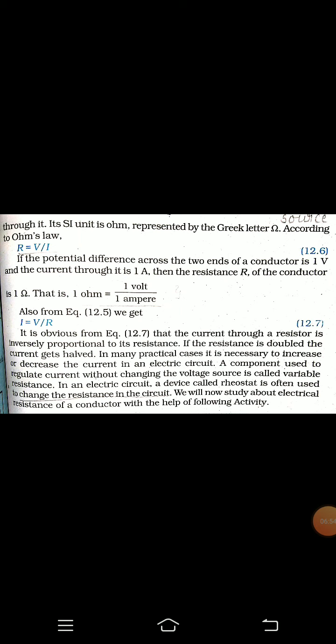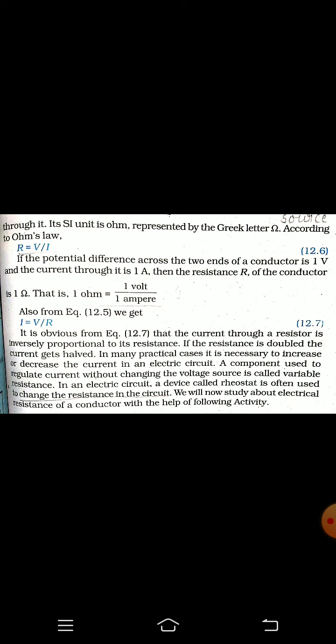The SI unit of resistance is ohm. Remember, it is ohm. It is represented by the Greek letter omega. When we use the SI unit, it should be written as ohm, and you have to pronounce it as ohm.